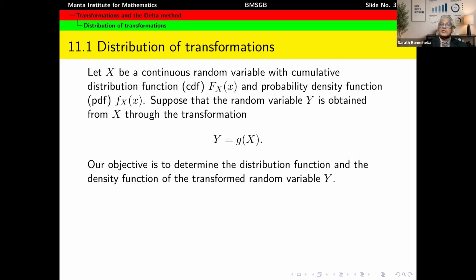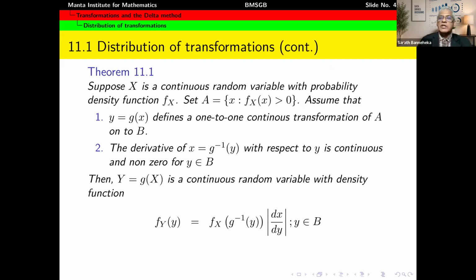So for this, there's a well-known theorem that we can use. Let me read out the theorem first. Suppose X is a continuous random variable with probability density function f subscript capital X. Set capital A to be the support of f_X, that is the set of x values where f_X is greater than 0.